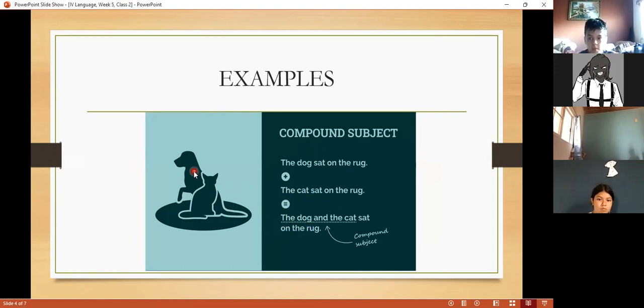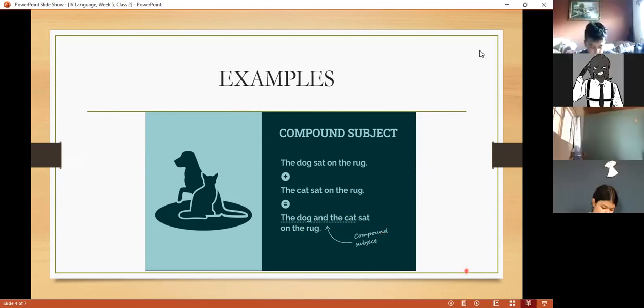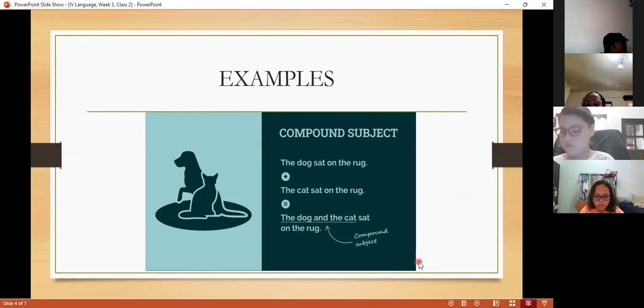The dog and the cat sat on the rug. Both are performing the same action. So I can create one sentence using the two nouns, the two simple subjects, dog and cat, to create a compound subject, class, using the word and in the subject.